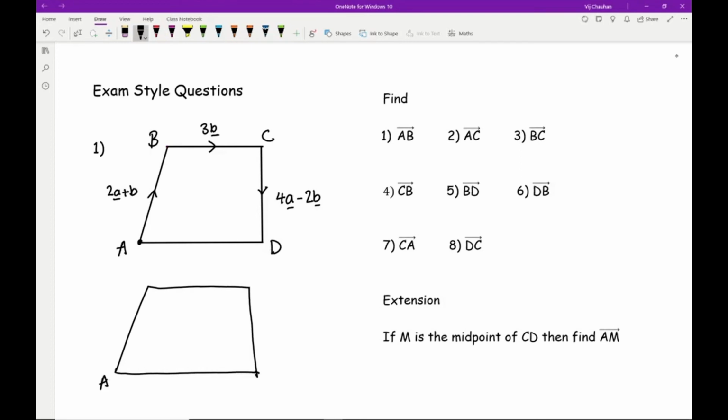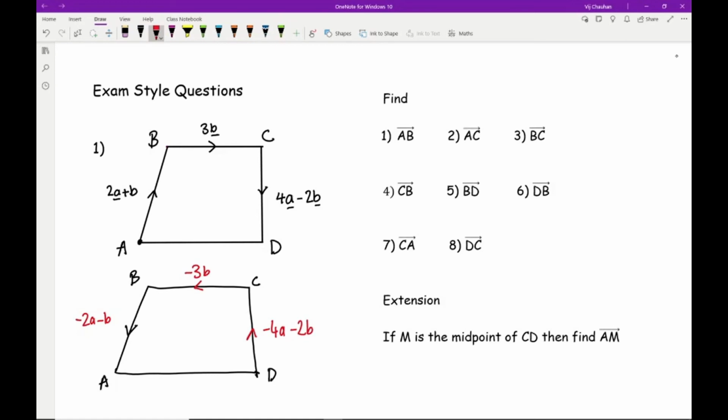So here we've got A, B, C, and D. If I was going to go from B to A, following that direction, then that's going to be minus 2A minus B. If I'm going from C to B, that's going to be minus 3B. And if I'm going from D to C, it's going to be minus 4A minus 2B. So if you're going in the opposite direction, you just need to change the signs of the letters.